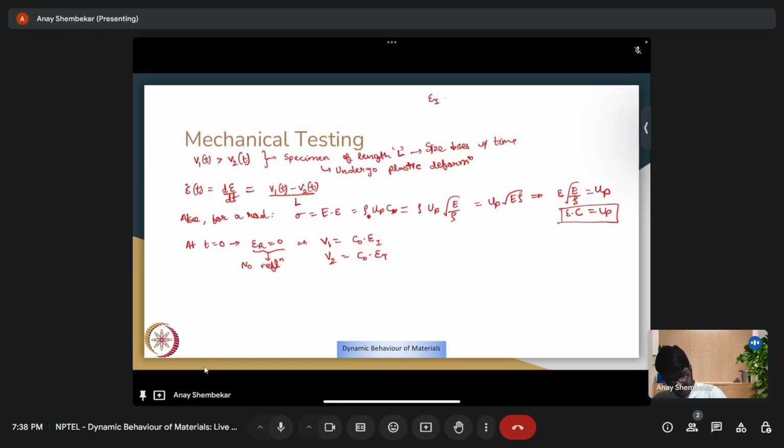Epsilon I is the incident pulse strain, epsilon T is the transmitted pulse strain, epsilon R is the reflected pulse strain.